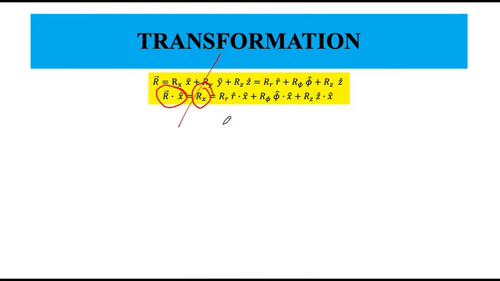Why? What would happen when you take x hat dot with this? It turns out that x hat dot x hat will be equal to 1, because the dot product of a unit vector with itself gives the length of the vector itself. However, x hat dot y hat becomes equal to 0 because x is perpendicular to y, and the dot product will equal 0 when theta AB is equal to 90 degrees, right?